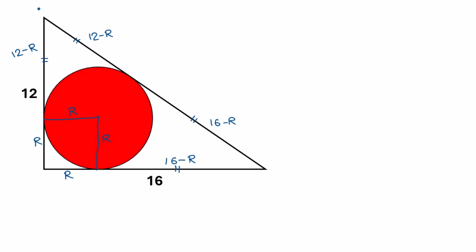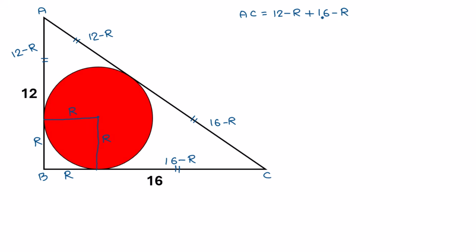Now if this triangle is ABC, the hypotenuse AC is equal to this length, 12 minus r, and this, 16 minus r, so the total length will be 12 minus r plus 16 minus r.